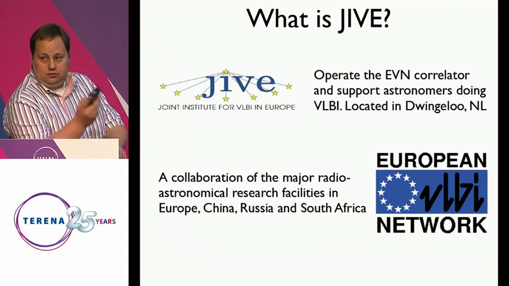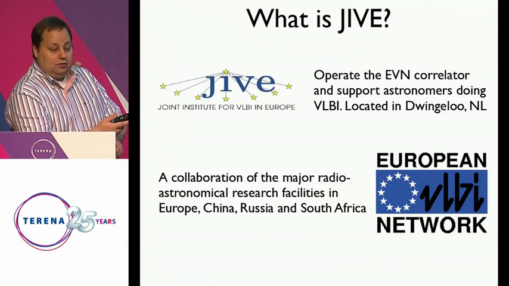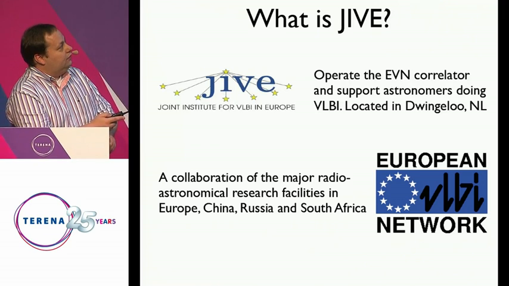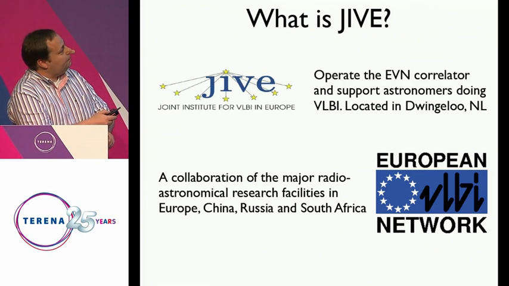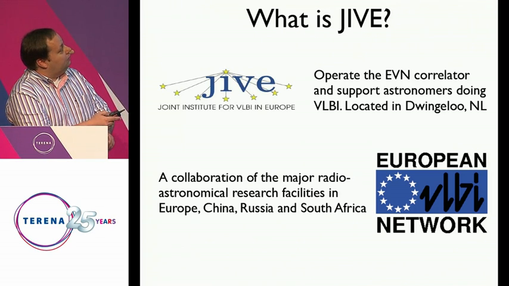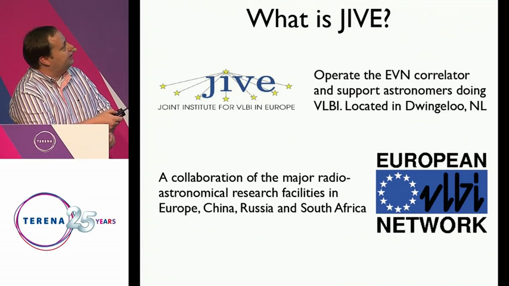We are located in the same building as Astron, actually, in Dwingeloo in the Netherlands. So then the next question, the EVN is a collaboration between many radio telescopes and astronomical institutes all over the world almost. And then that leaves us with one more question, which is, what is VLBI and eVLBI?